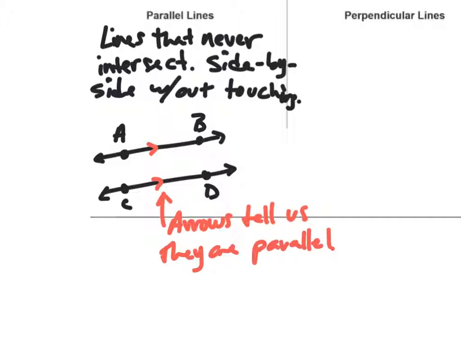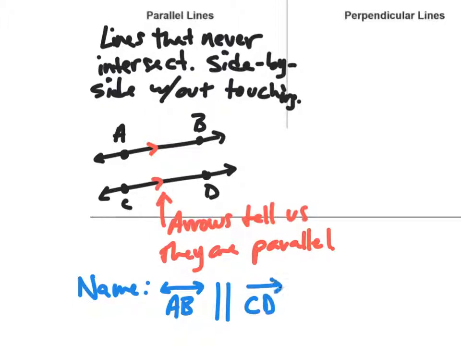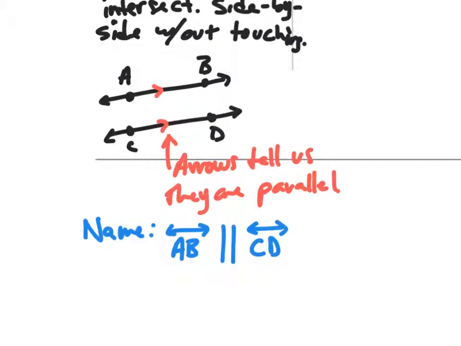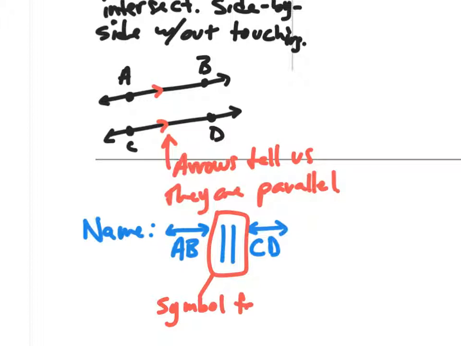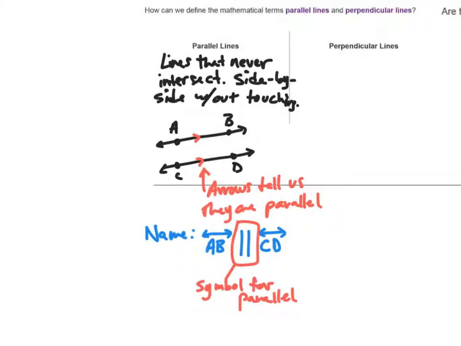And we could also say this. If we wanted to name these, we would say that line AB, and I would draw it like that with arrows, is parallel to line CD. When I draw this, this is the symbol for parallel. That's what parallel lines are.